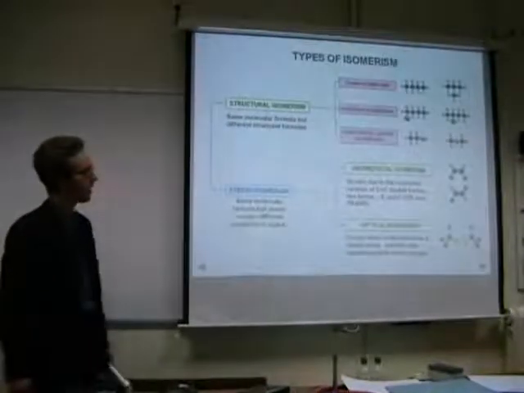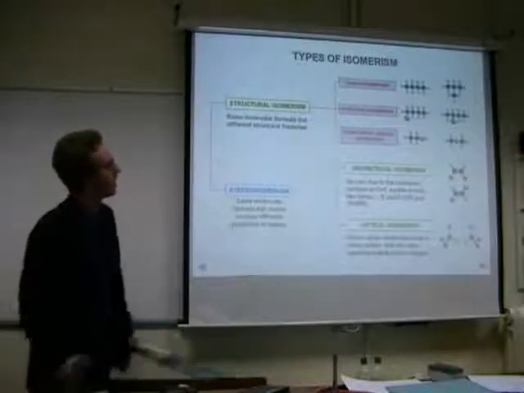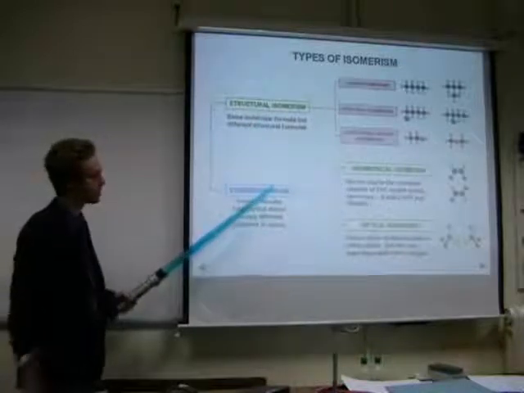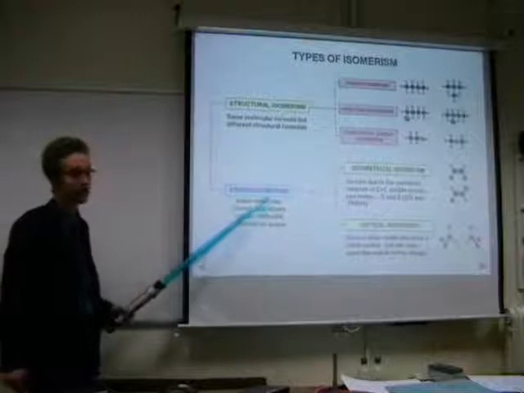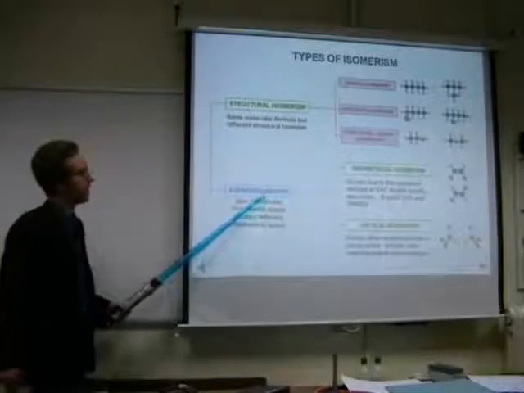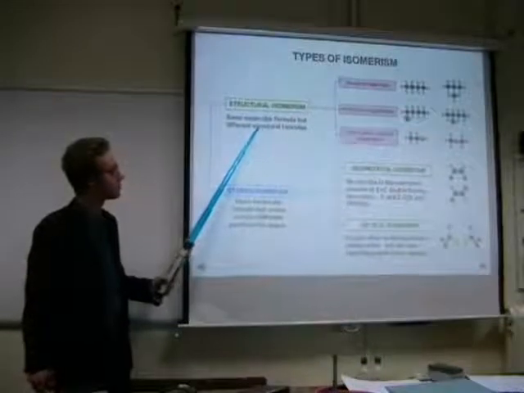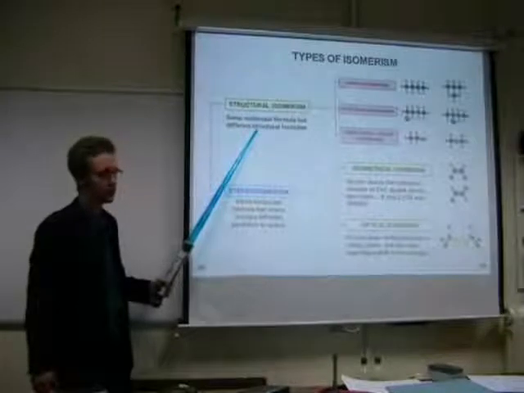Here is a table that shows all the different types of isomerism that you get. Very simply, you get two types of isomerism generally: structural isomerism and stereoisomerism. Okay. So, same molecular formula, but different structural formulae. Okay?